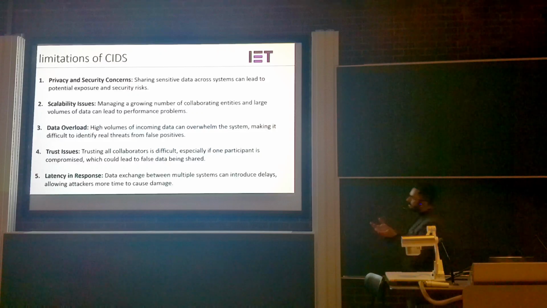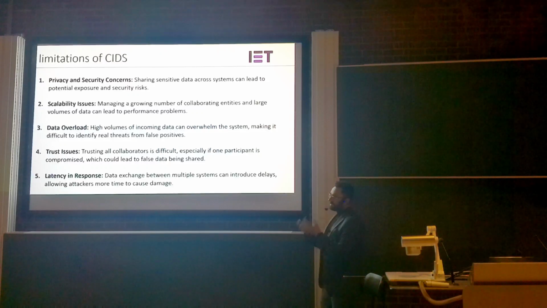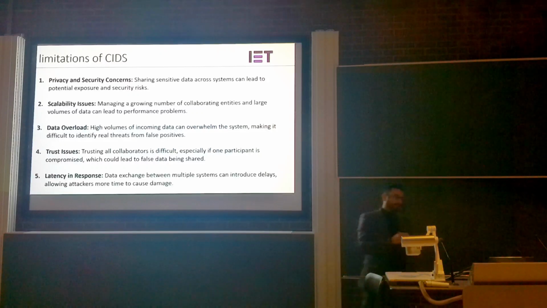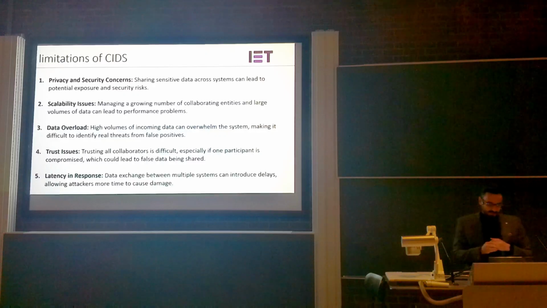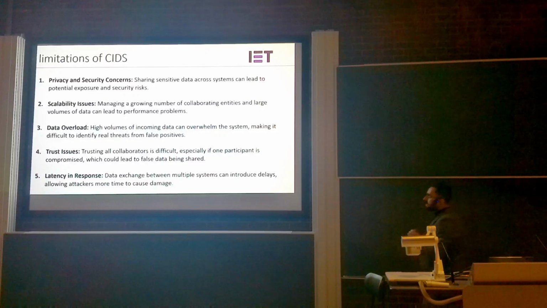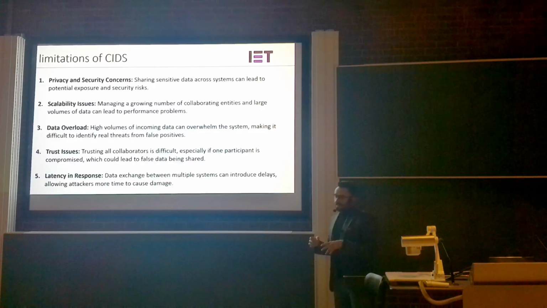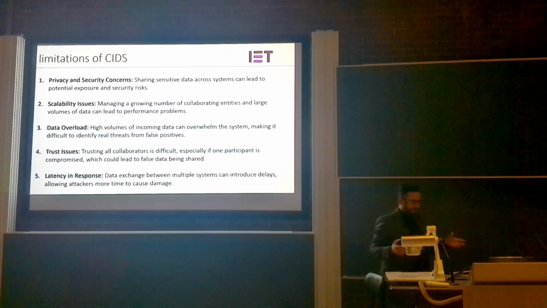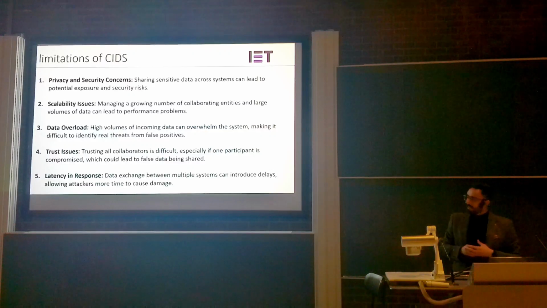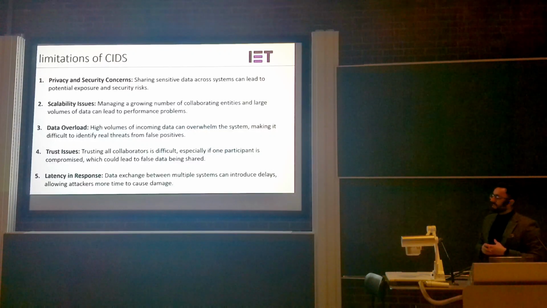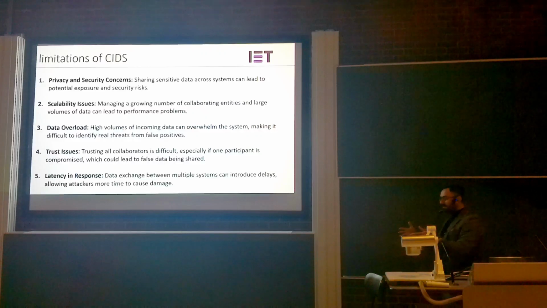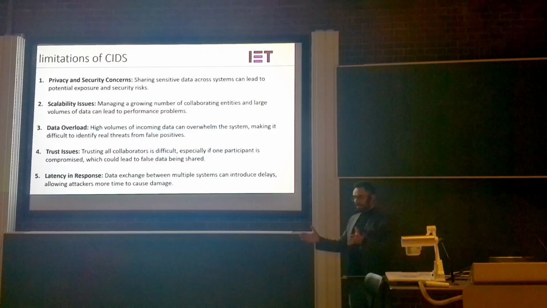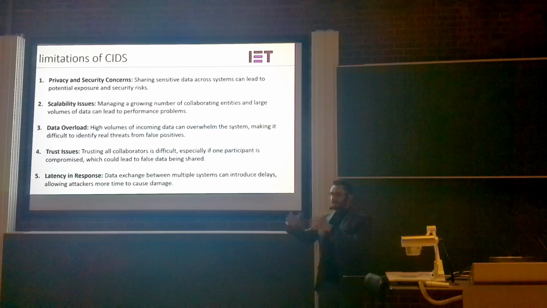So the privacy of the data, sharing sensitive data, became an issue across different devices. The scalability, basically managing the growing number of IoT devices that could be connected to multiple distributed systems, can affect one local area due to the number of devices.